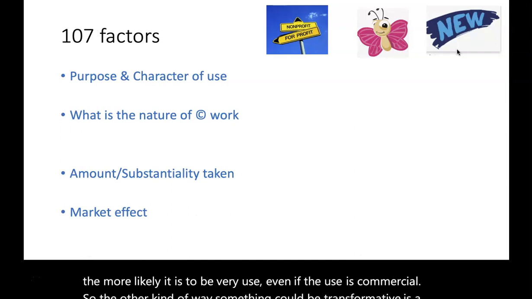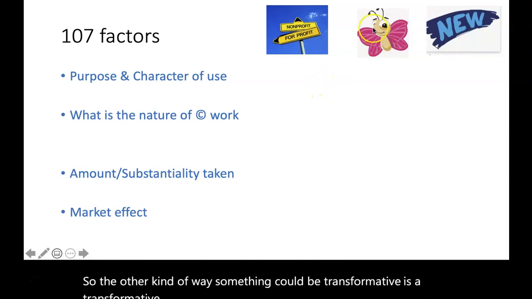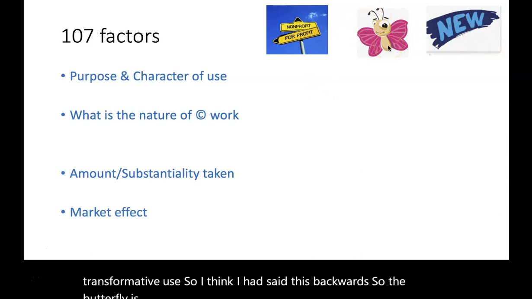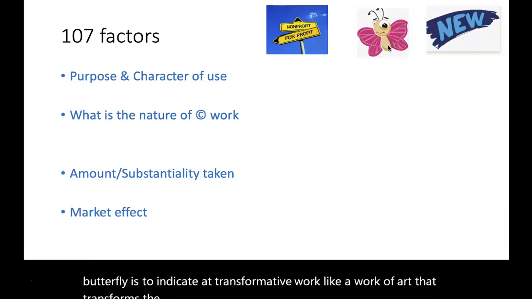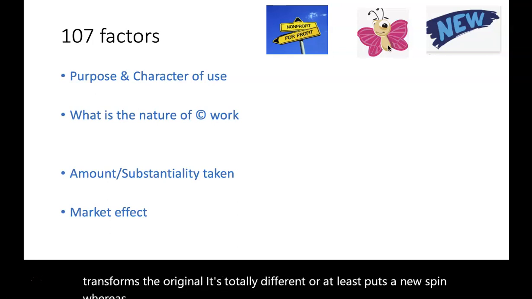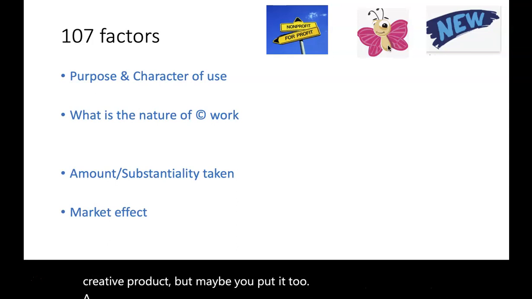So I think I had said this backwards actually. So the butterfly is to indicate a transformative work, like a work of art that transforms the original. It's totally different, or at least puts a new spin. Whereas a transformative use, you haven't created a new creative product, but maybe you put it to a new use, such as a way to search books, but you haven't created a new book.